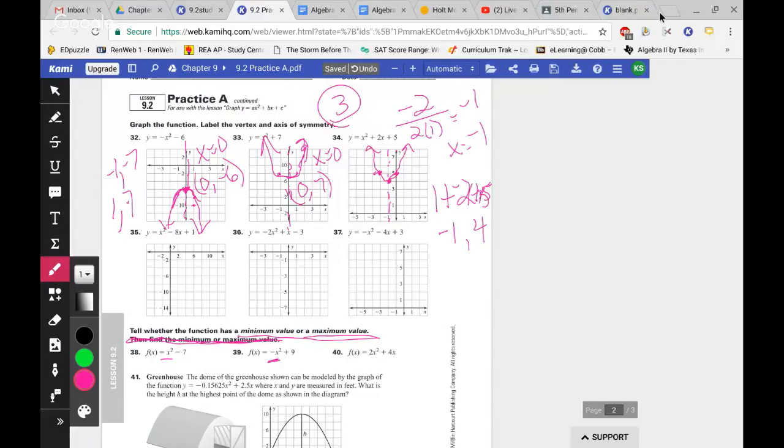And then for number 35, we've got the opposite of -8. Let's see if I can do simple math better this time. Over 2 times 1. So I've got 8 over 2, which equals 4. So x equals 4 is the axis of symmetry.